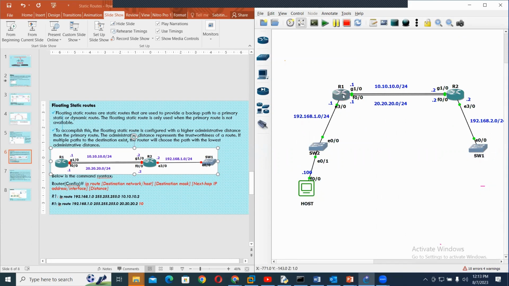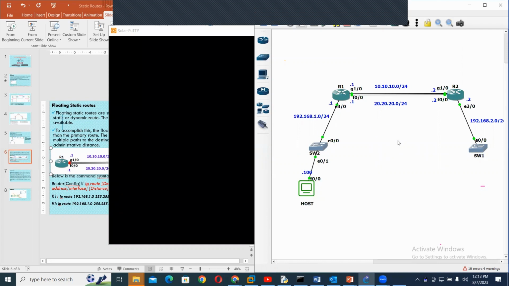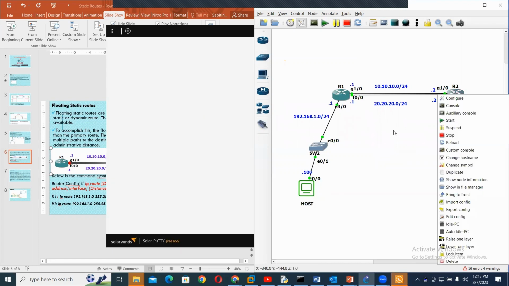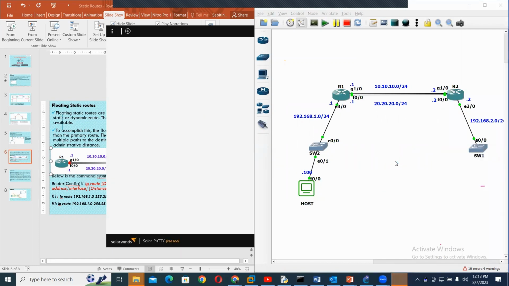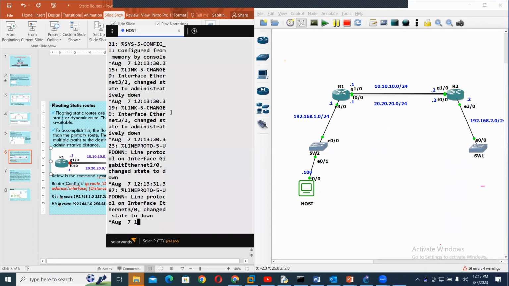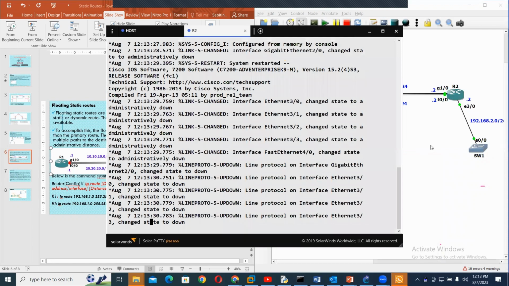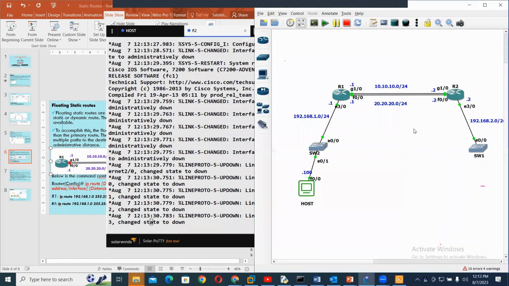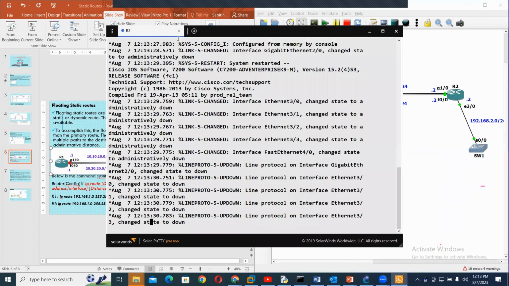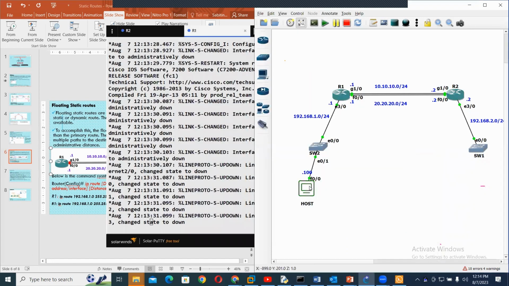Let's run the console again for router 1, and let's run the console for router 2, and for the host.